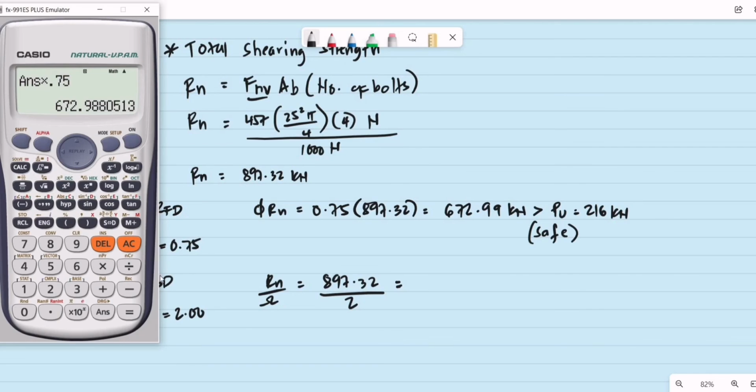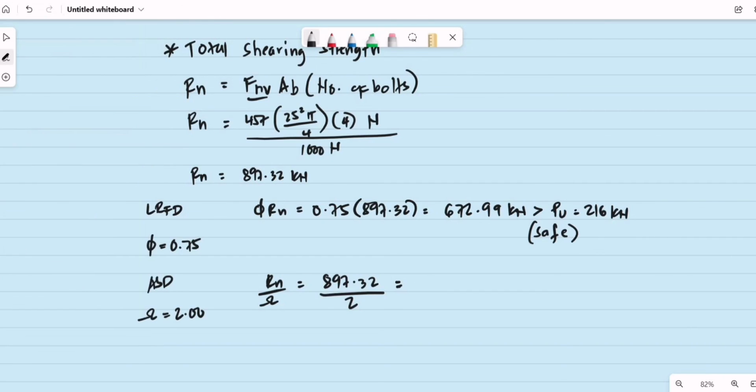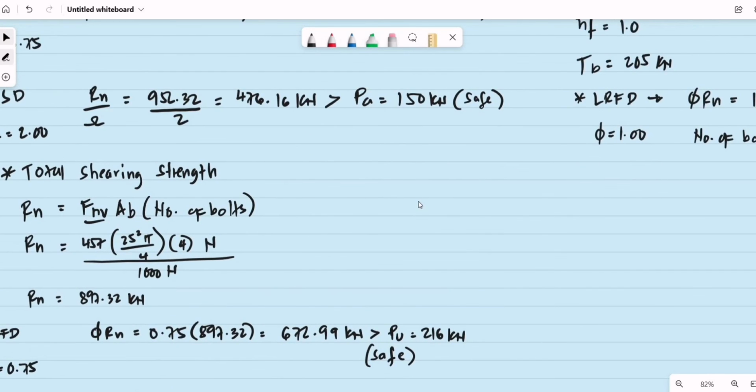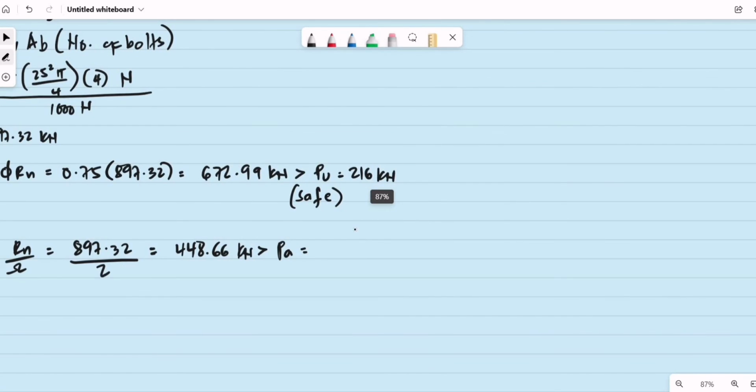This is equal to 448.66 kilonewtons, which is greater than the Pa, the actual loadings. Our Pa a while ago is equal to 150 kilonewtons. So this is also adequate when it comes to ASD.